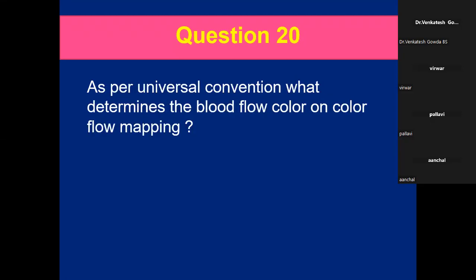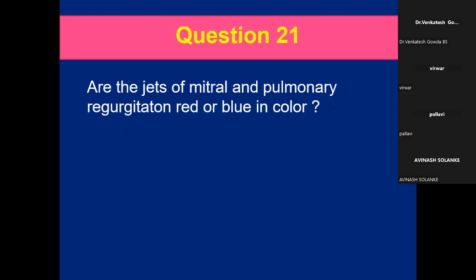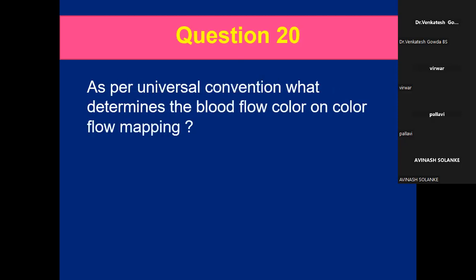As per universal convention, what you said is right. But when turbulence happens, you can see a mosaic color pattern. Mosaic is what? The mixture of all colors. Okay, good answer, Veerwar. Did a good job.